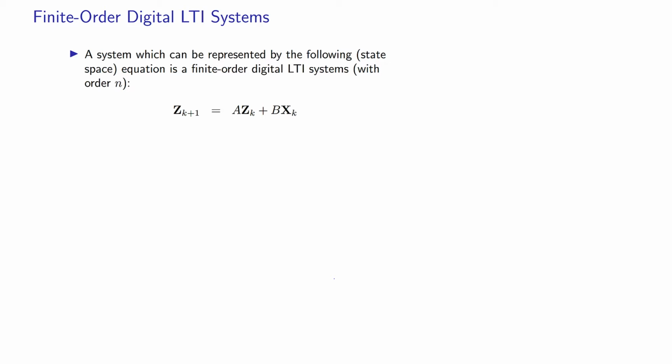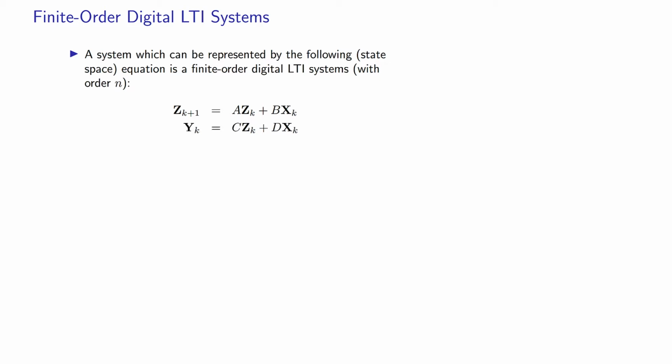So Z here is a vector, A is a matrix, B is a matrix, X is the input random vector, and Z is the output state.